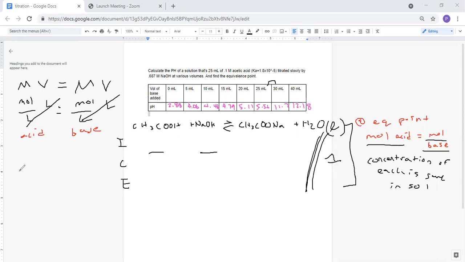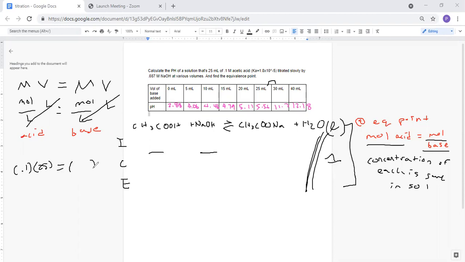So we put the molarity of the acid, which is 0.1 in this question, and the 25 mL. Since it's mL on both sides, I don't have to change to liters. That's just an example of how units of volume cancel out.